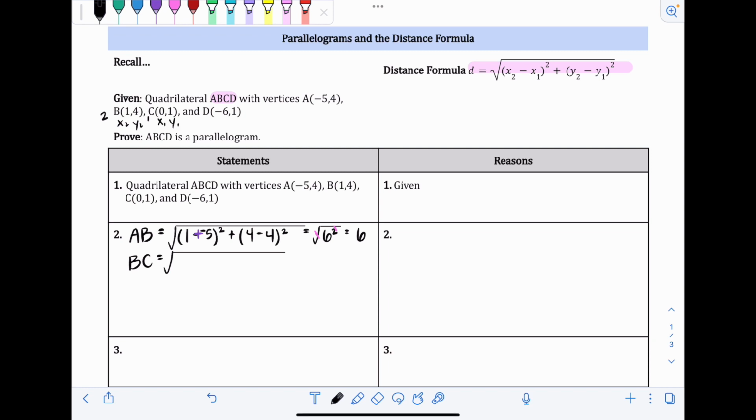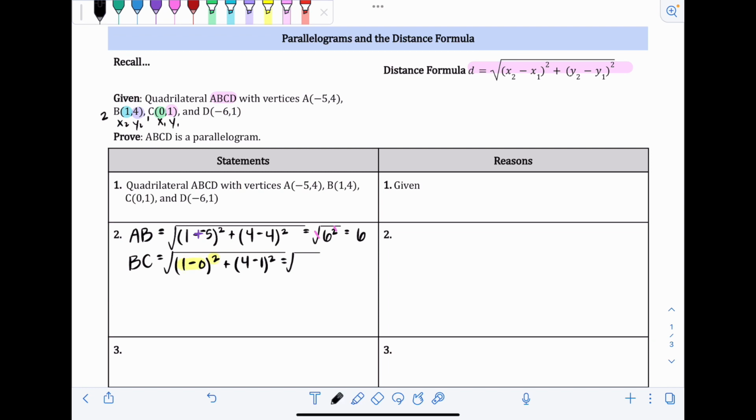So x2 minus x1 will be 1 for x2, and then minus 0 for x1. So parentheses 1 minus 0 squared, and then for my y's, y2 is 4, and then minus y1 is 1. So it'd be 4 minus 1 squared.